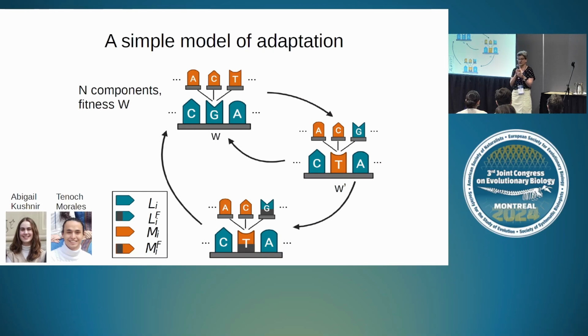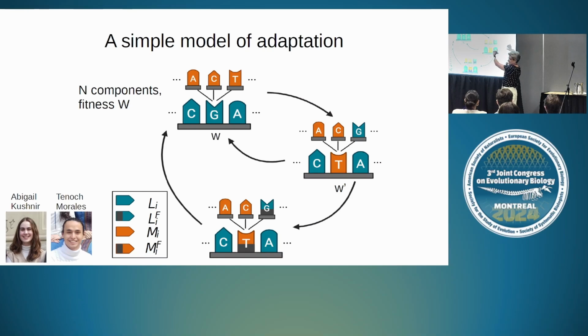He found that there were 4 key distributions that we need to keep track of, and those are these L's and M's here. L_i is the probability distribution of the fitness contributions, those little numbers in the previous slide, for all of the alleles that are currently in the focal genome.